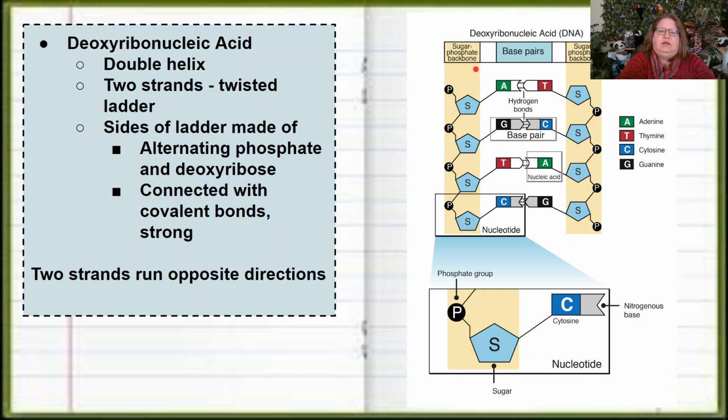So the sides of the ladder are going to be connected to each other by strong covalent bonds. The inside rungs are going to be hydrogen bonds. Now, a quick review of those would be our partial positive and partial negative, positive and negative charges.